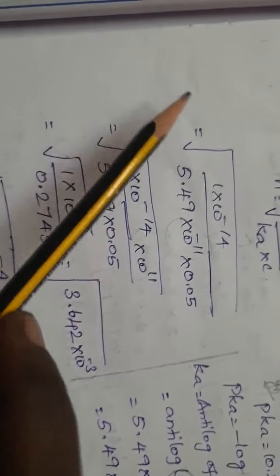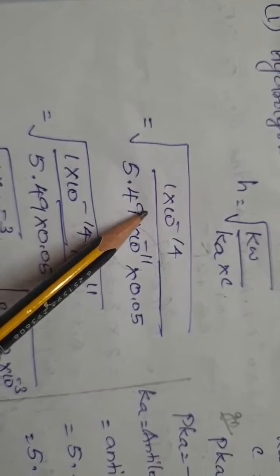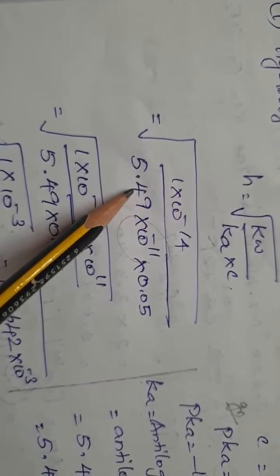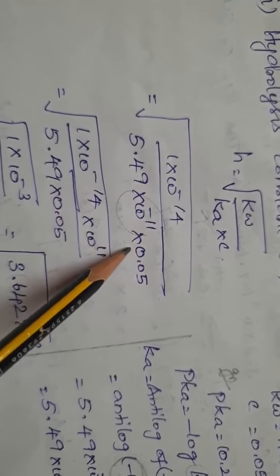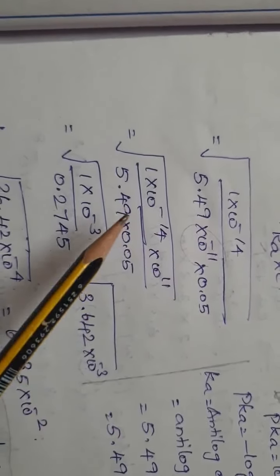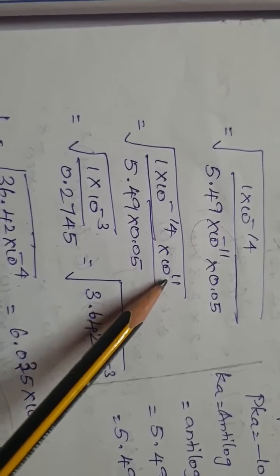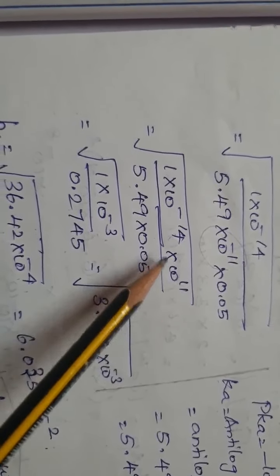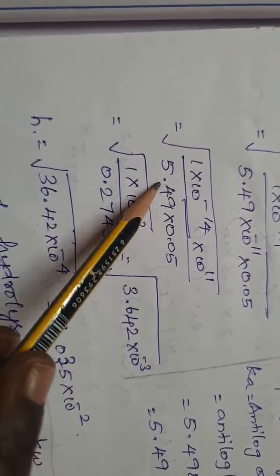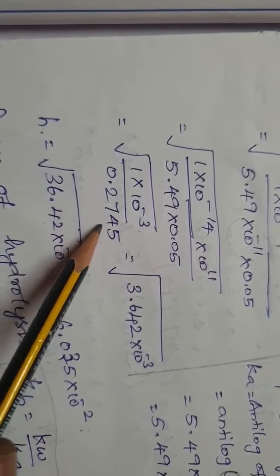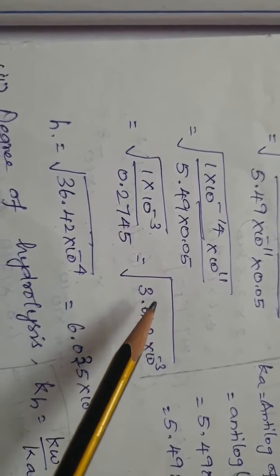Now substitute that value in the formula. Kw value is 1 into 10 power minus 14, divided by the Ka value calculated as 5.49 into 10 power minus 11, and concentration 0.05. Taking this 10 power minus 11, the numerator becomes 1 into 10 power minus 3, divided by the product of these two values, 0.2745. If you know some other easier method, follow that method.